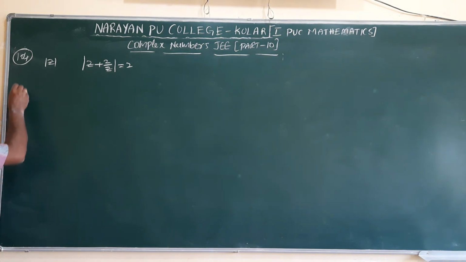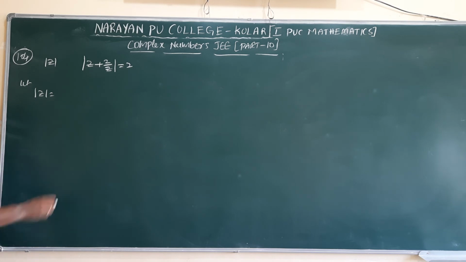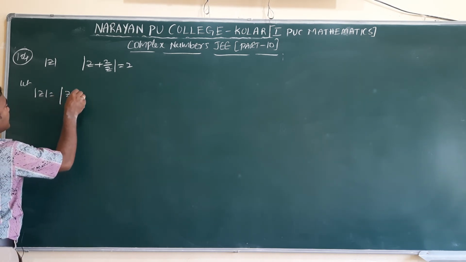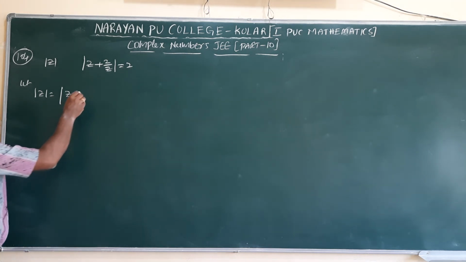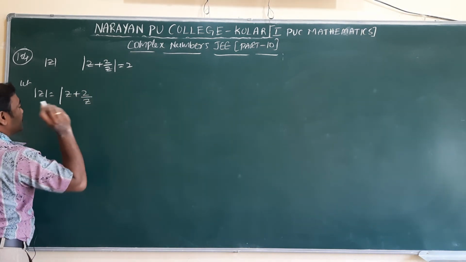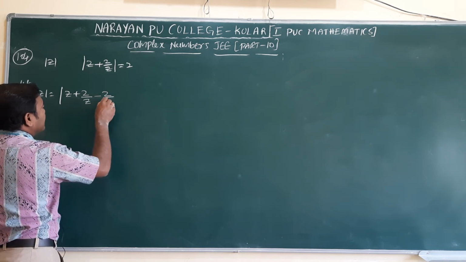Let us take mod z, and add and subtract 2 by z: z plus 2 by z minus 2 by z.